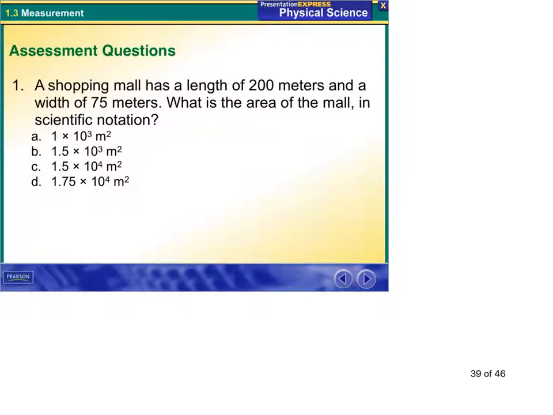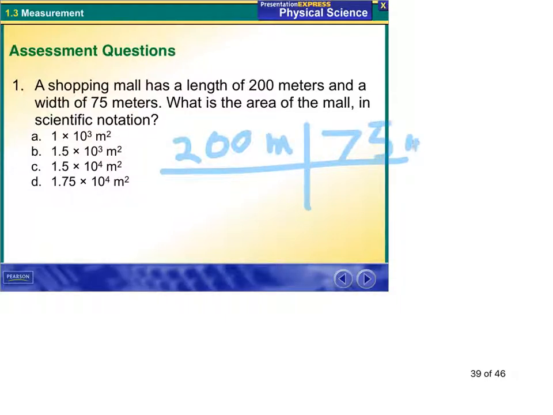A shopping mall has a length of 200 meters and a width of 75 meters. What's the area of the mall? So here we just want to do 200 meters times 75 meters. As I do this problem, I'll just go ahead and do it in standard notation, and we'll change it back to scientific. So 200 times 75, 2 times 75 is 150, and we'll just add those two zeros back on.